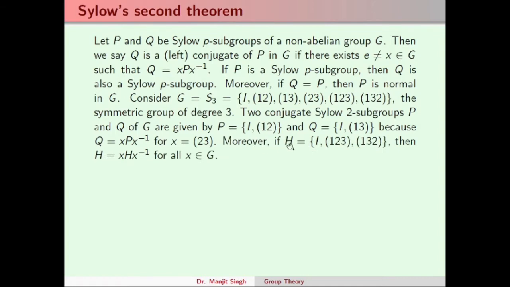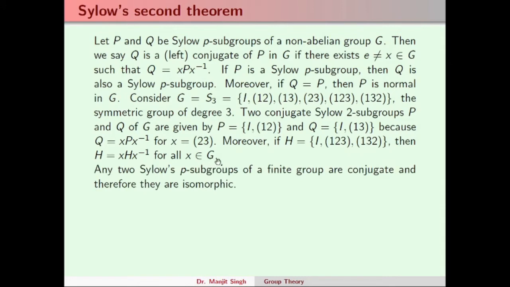Now if we take H as a subgroup of G with 3 elements, then anyone can see here H equals XHX inverse for all X belonging to G. So here H is a unique Sylow P-subgroup. Here we will study the condition when this uniqueness comes out.